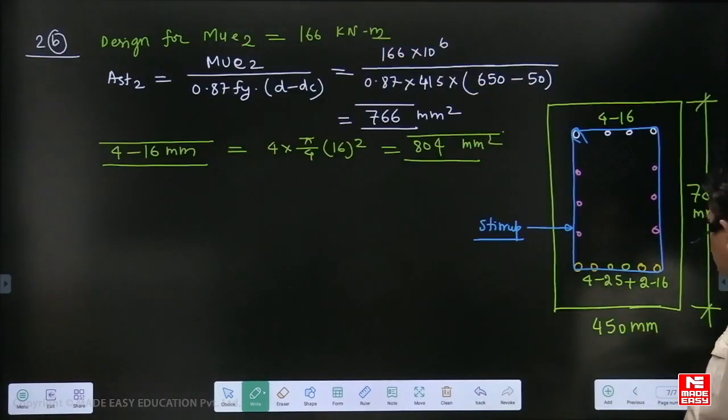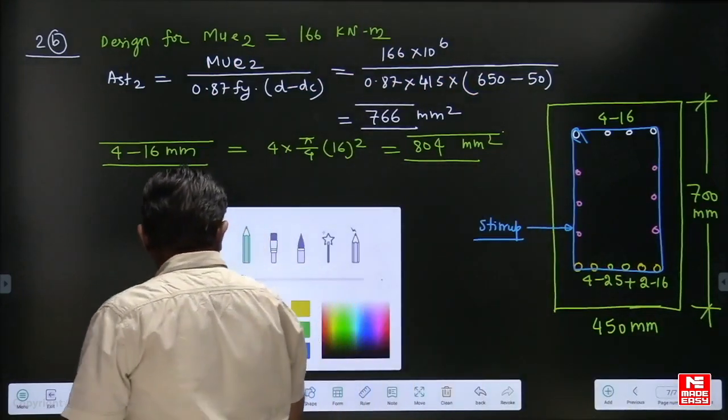Okay, so up to this you have understood the design.